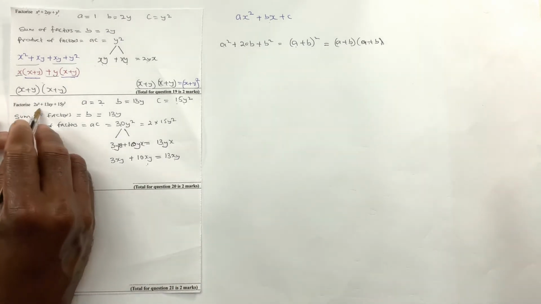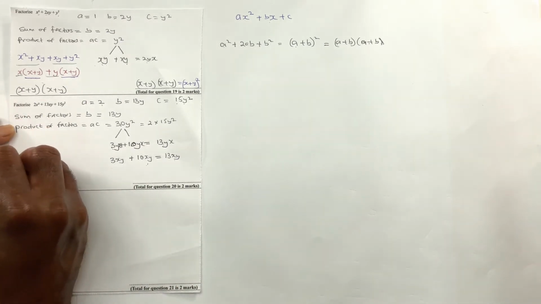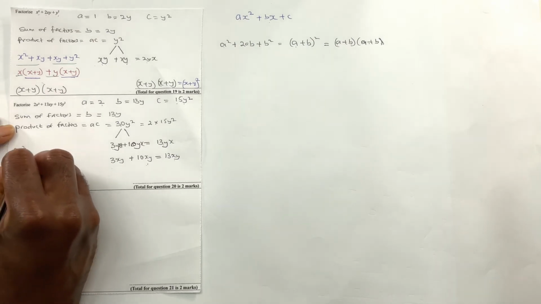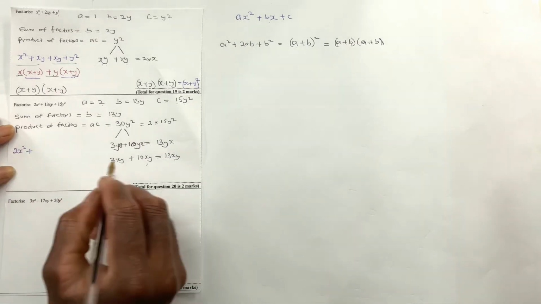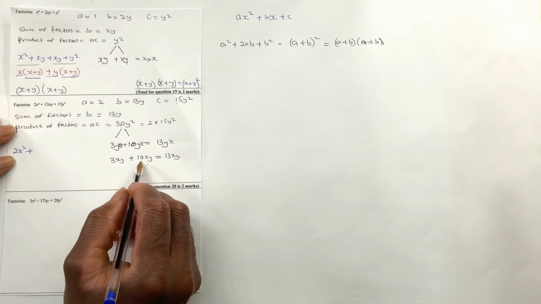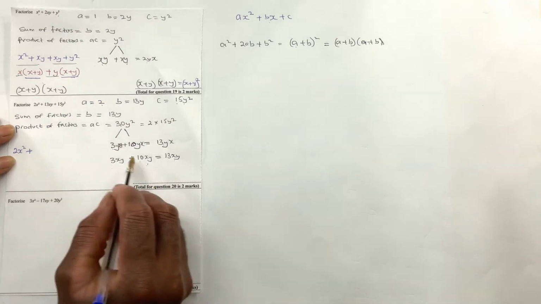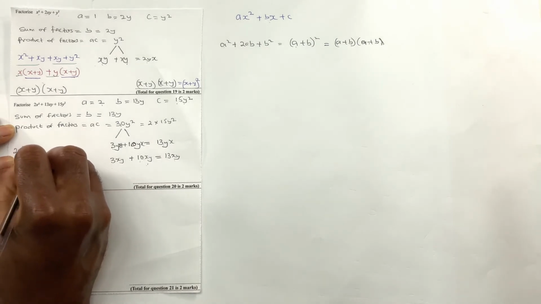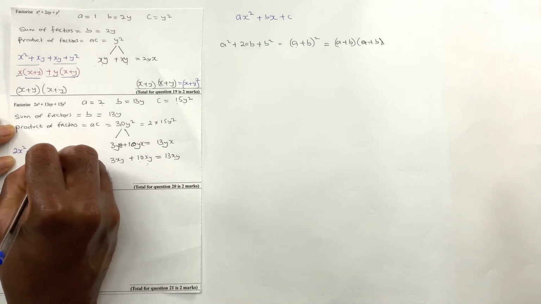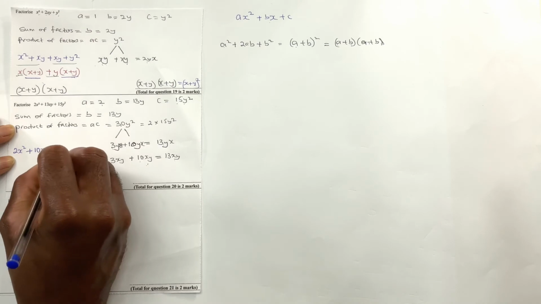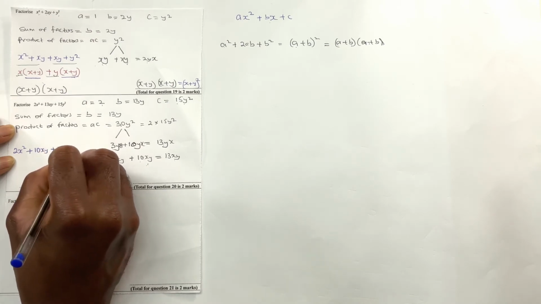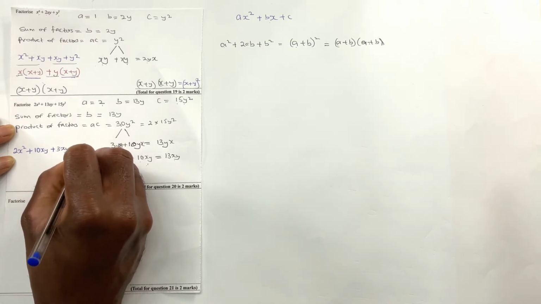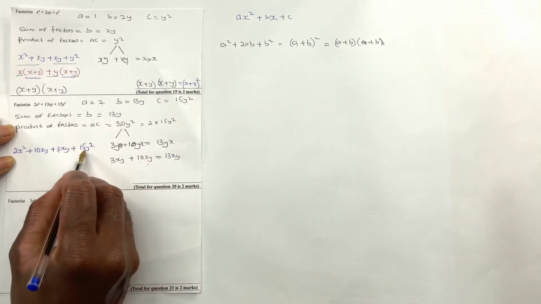So I'm going to write the expression now. 2x squared plus, now I'm going to put 10 next to 2 because 10 and 2 go together as a factor. So I'll put 10xy plus 3xy plus 15y squared. 3 and 15 go together.